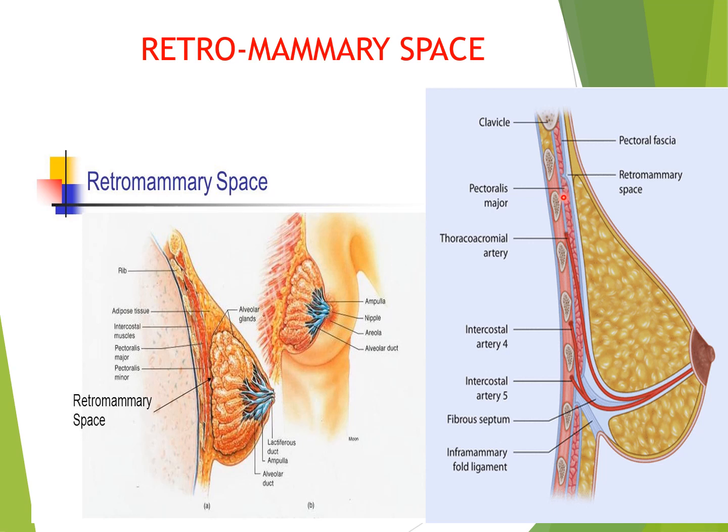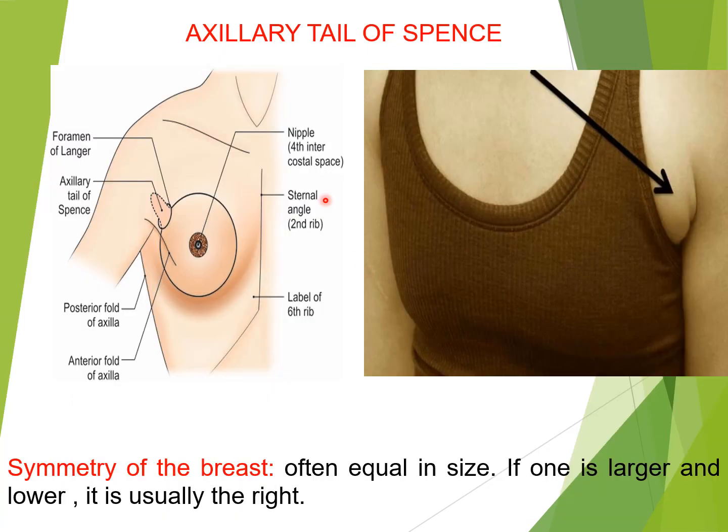And in the invasion of breast carcinoma, the gland is fixed to the pectoralis major. So that is the significance of this retromammary space. Roll number 139, tell me what is the retromammary space. Okay, record your answer and send it to me.